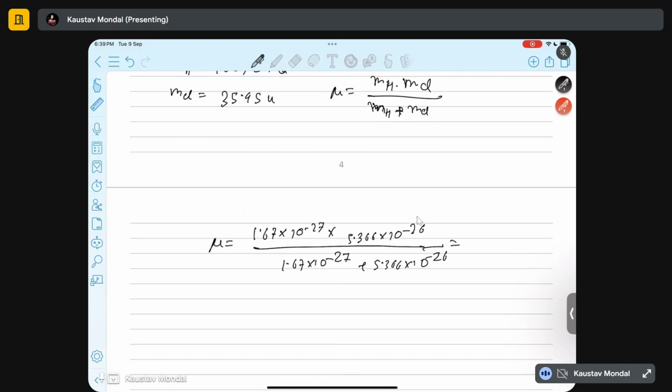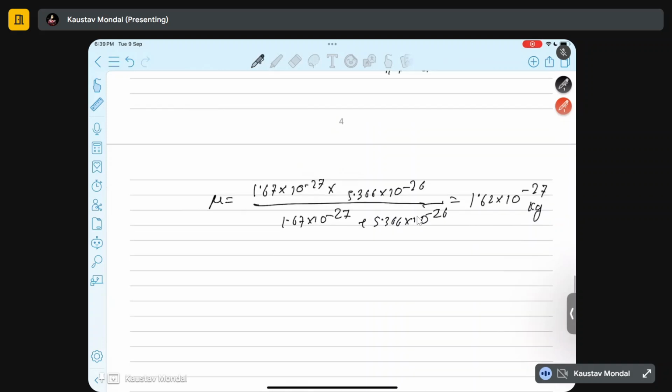So the end value would be 1.62 into 10 to the power minus 27 kg, the reduced mass, right?